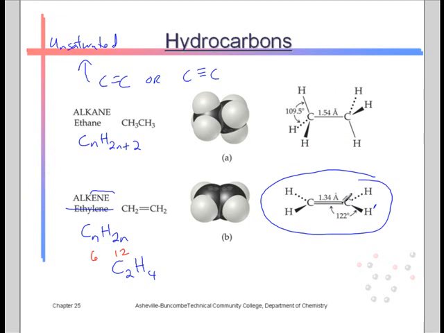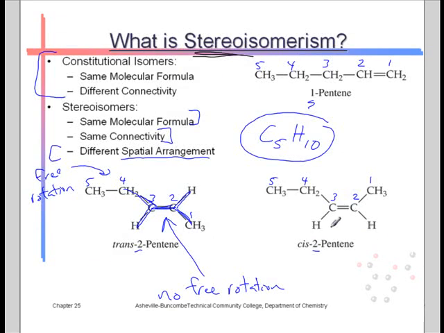And so these are much stiffer molecules, and as a result, there's a change in their chemical properties. That's one thing. But more importantly for us here is that we need to name that differently. And the way we do it, there's a couple ways you can think about it. I would recommend just looking for the hydrogens. How are the hydrogens laid out around the pi bond? If the hydrogens are on opposite sides, one top and one bottom, we're going to use the label trans in front of the parent name, and actually in front of the entire name.